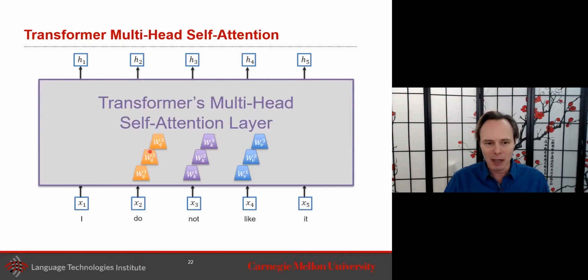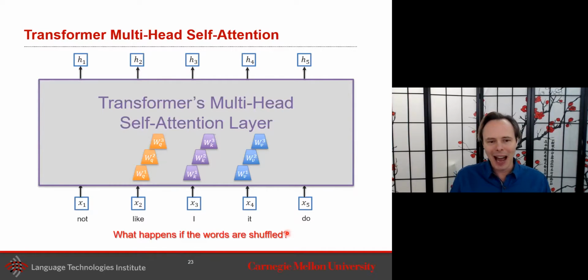And maybe this one is going to project me into a space that looks at co-reference resolution. And this one may project into a space that will look only at lexical aspects. So these are very important projections, and having different ones can be very useful.